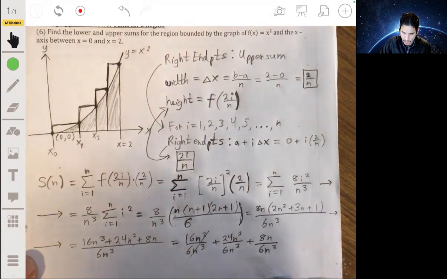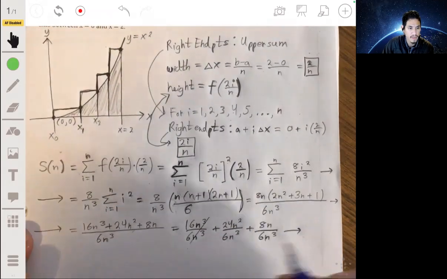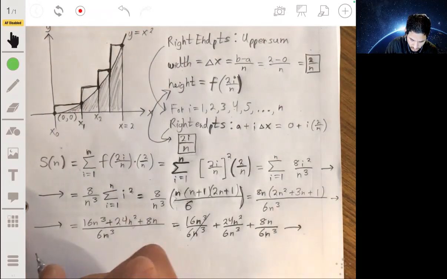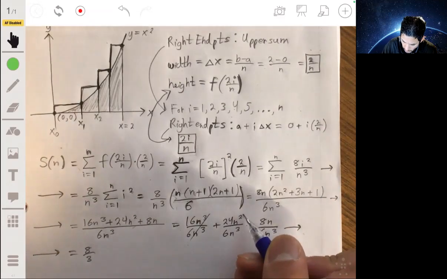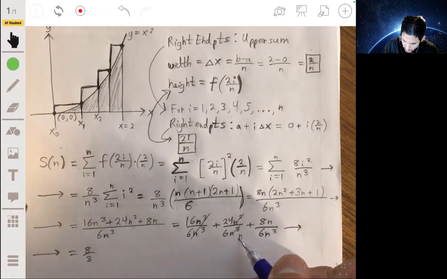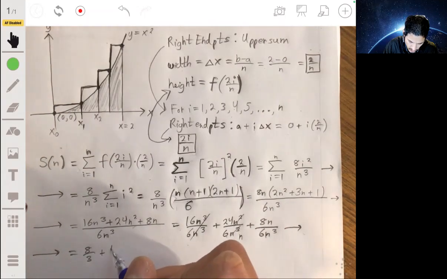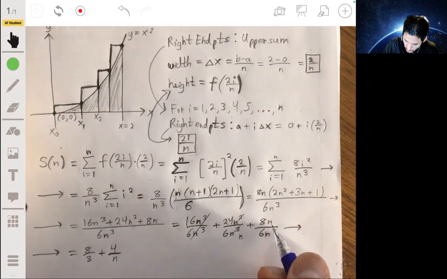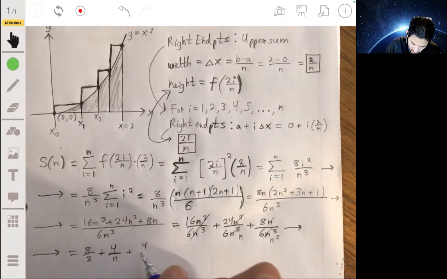So these n cubes will cancel. This will become 8/3. And that'll just power down to an n, 24 over 6, that'll just be 4 over n. And then that n will go away, that'll just be n squared, 8 over 6, 4 over 3n squared.